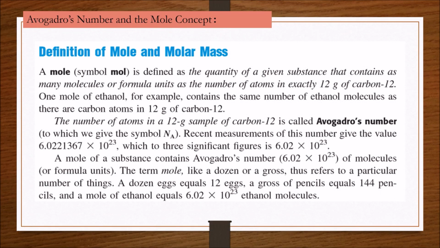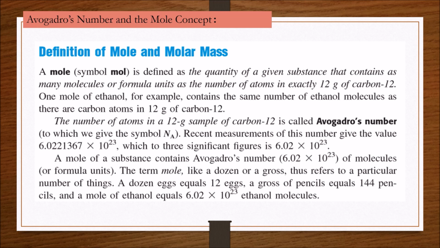A mole, which has the symbol mol, is defined as the quantity of a given substance that contains as many molecules or formula units as the number of atoms. For example, 1 mole of ethanol contains the same number of ethanol molecules as there are atoms in 12 grams of carbon-12.